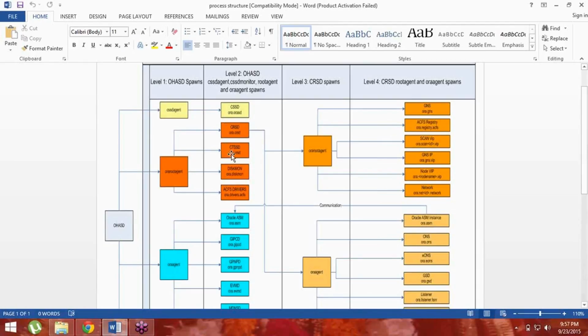The next process is CTSSD, Oracle Cluster Time Synchronization Service Daemon. This process is used to ensure a single time across all the cluster nodes. Imagine you have a 10 node RAC and all the machines have a different time.